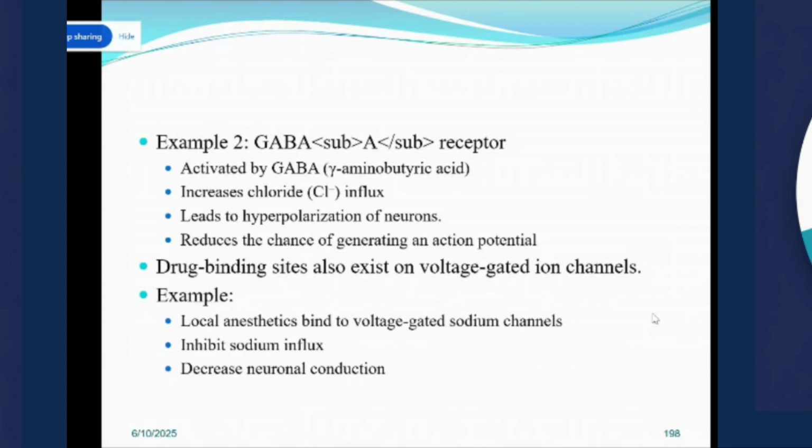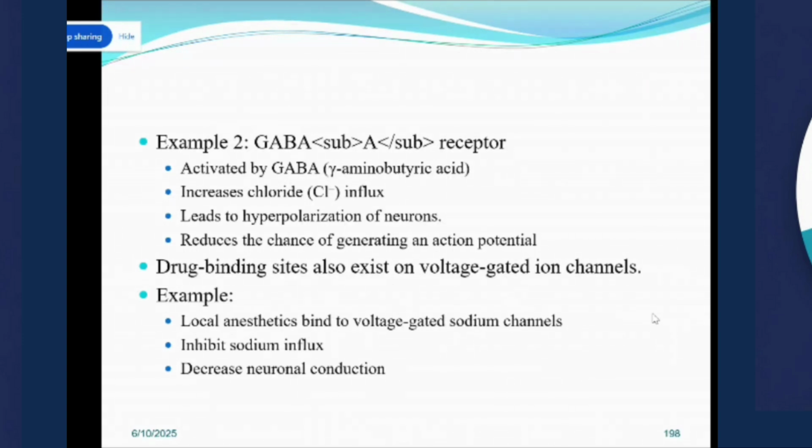Now, the difference in these cases, we are having hyperpolarization of neurons, and therefore the chances of an action potential are reduced. Whereas when we are looking at the nicotinic receptors, when we have an influx of sodium and efflux of potassium, an action potential is generated.